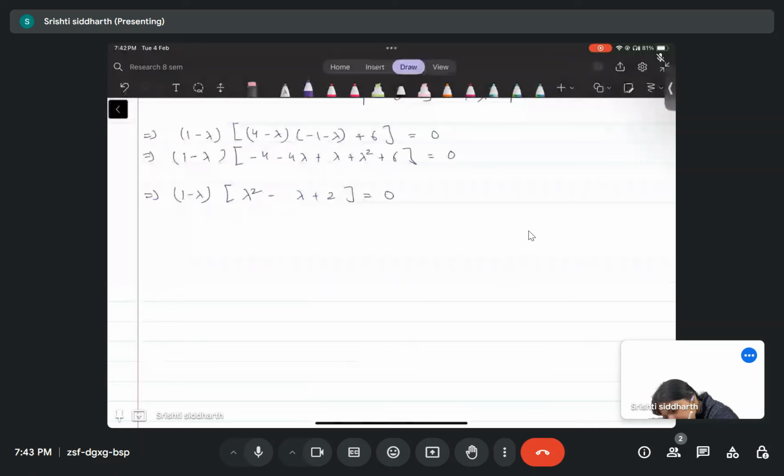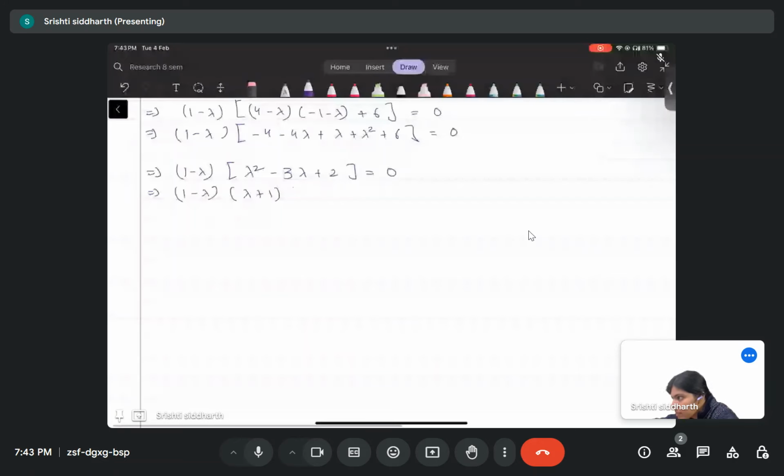So lambda plus 1. And the other one is 2. Let's see.